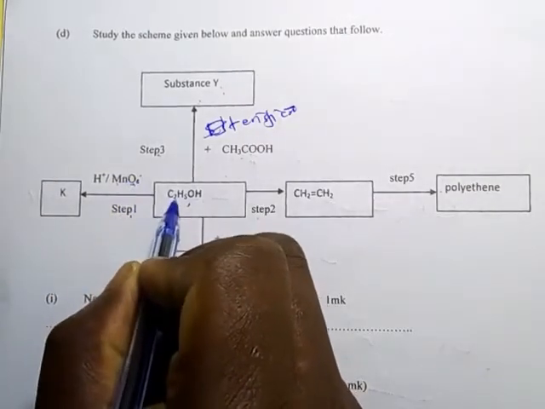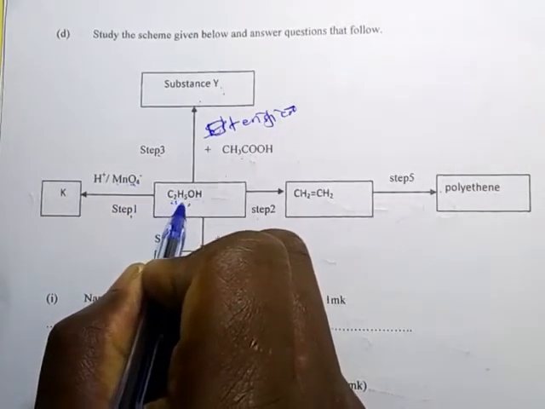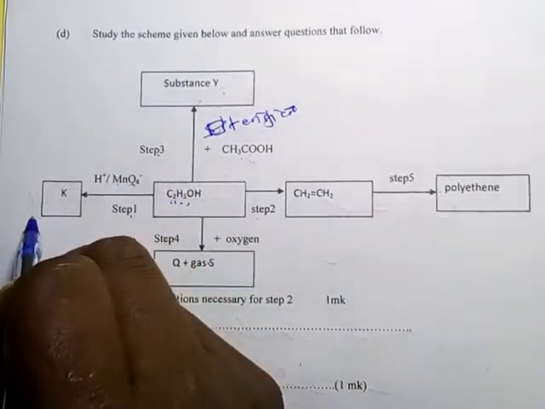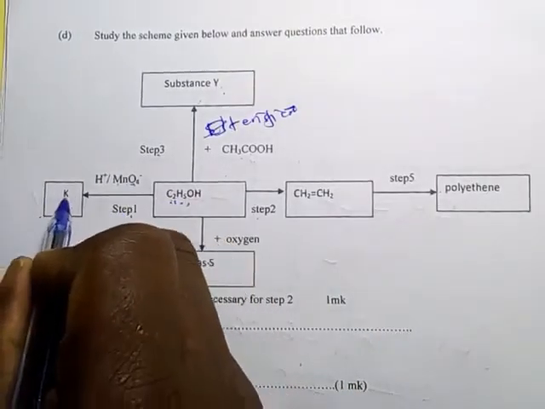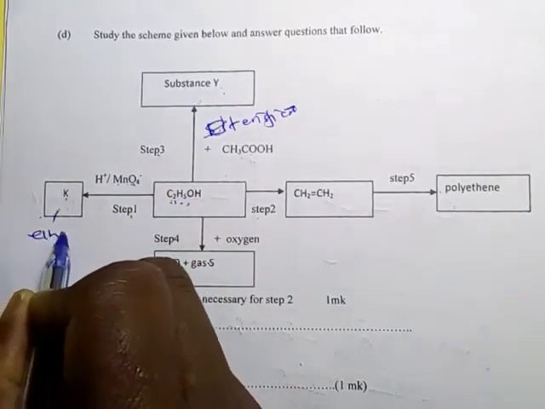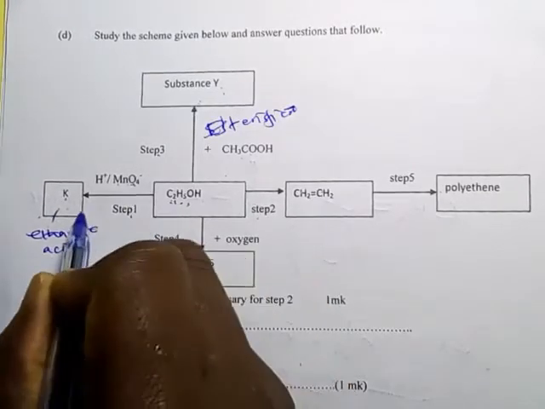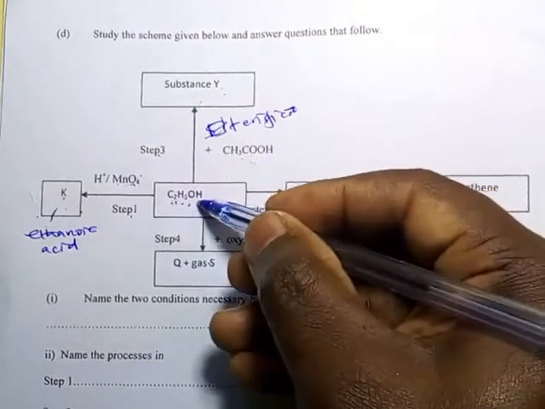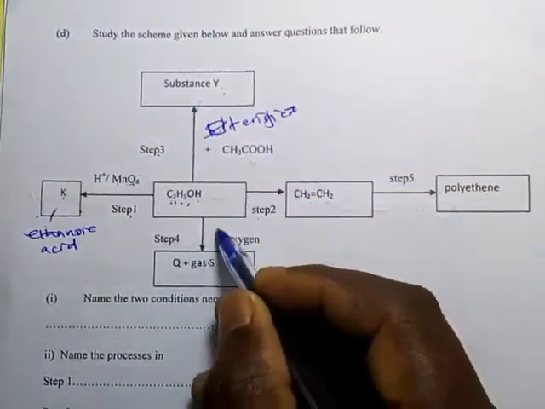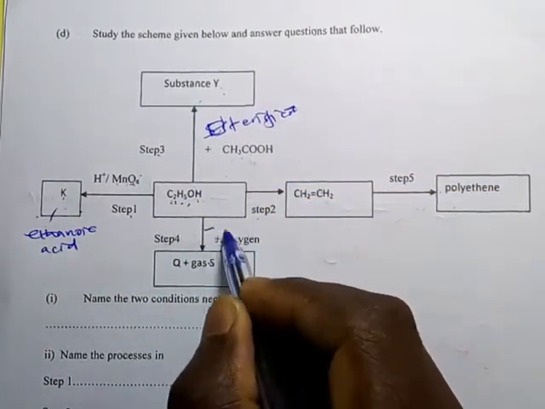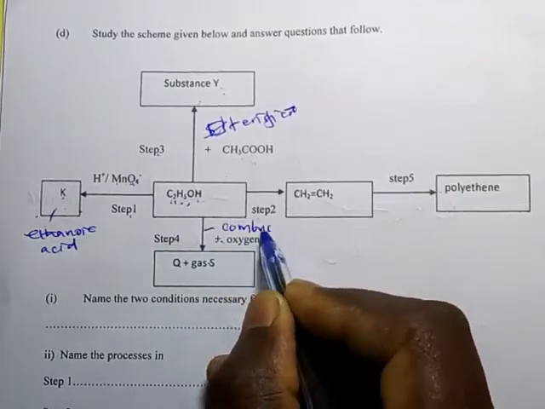Therefore, ethanol will be oxidized to ethanoic acid. So K is ethanoic acid because this is oxidation. Ethanol reacting with oxygen, anything that burns when oxygen is added, that one is combustion.